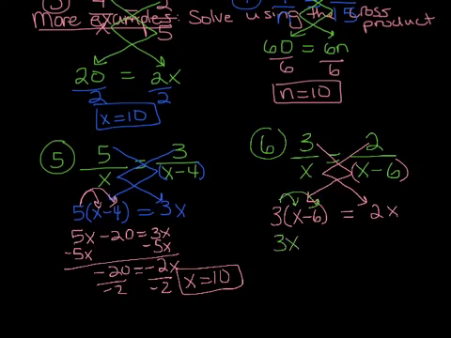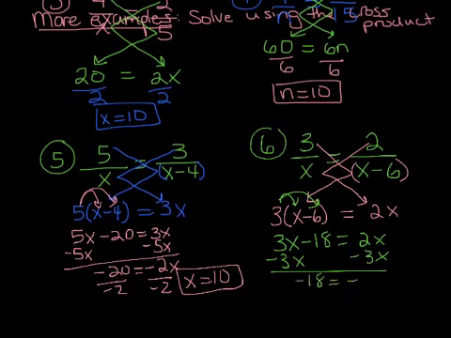That gives me 3x minus 18. Now I subtract 2x from both sides. I end up getting negative 18 equals negative 1x, or negative x. In order to get rid of that negative, I must divide both sides by negative 1. So my answer for that one is x equals positive 18.